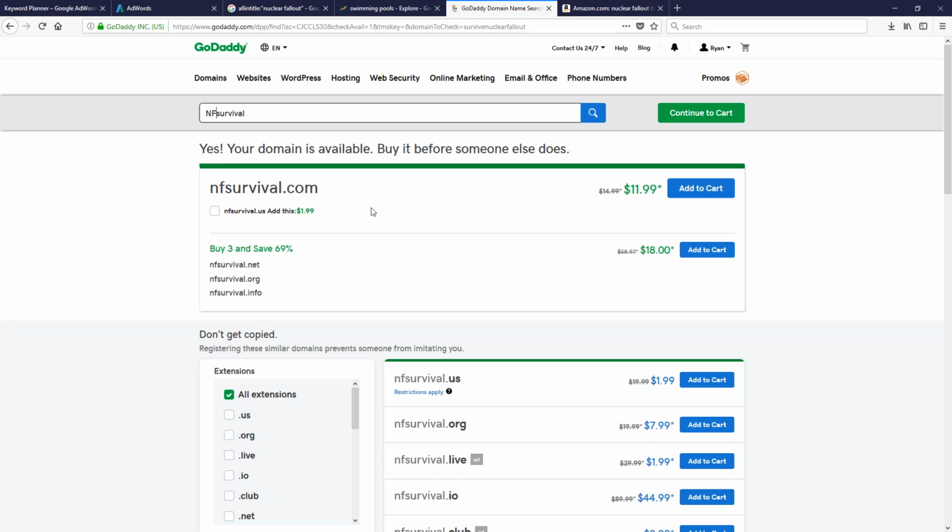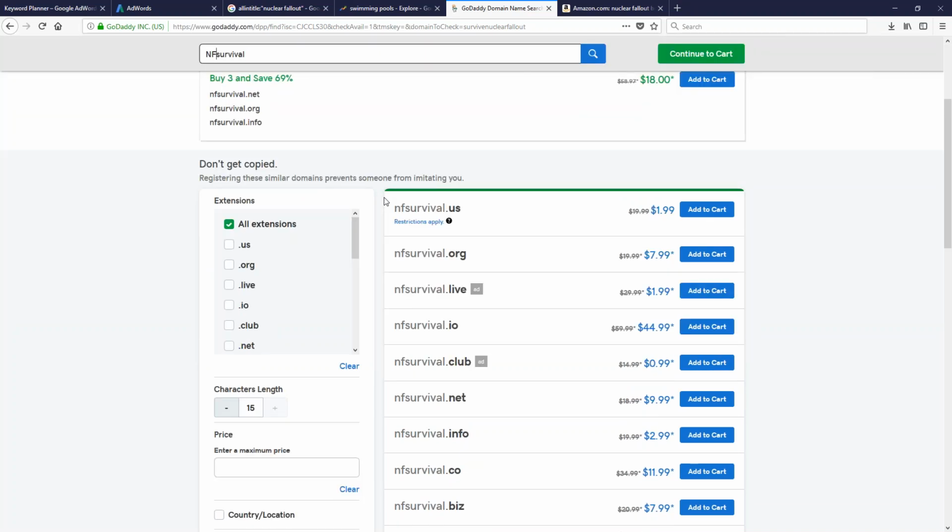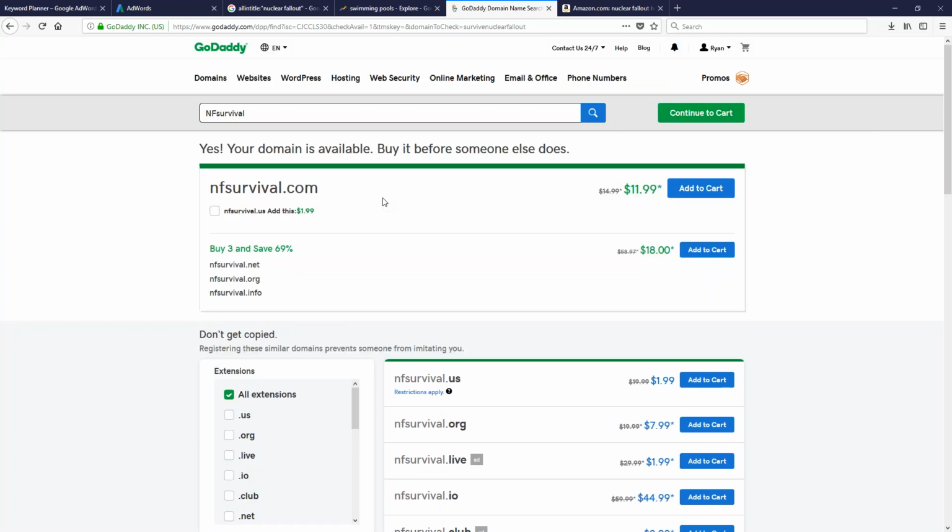Now, there are ways that you can go about on the GoDaddy website. There's a way that you can bulk search for these domains. I'm not going to demonstrate this one during the live class.